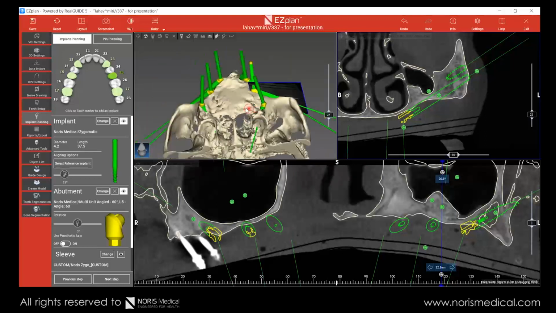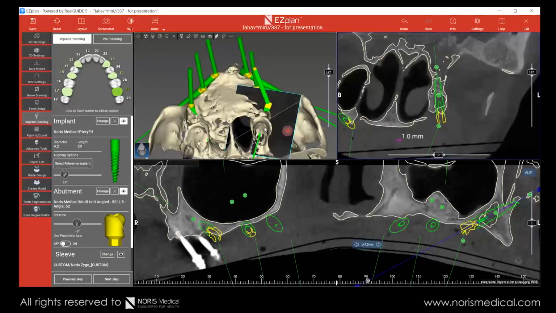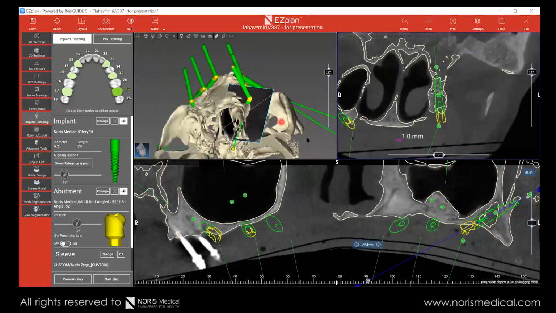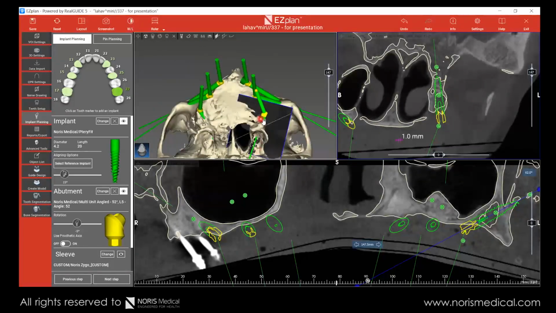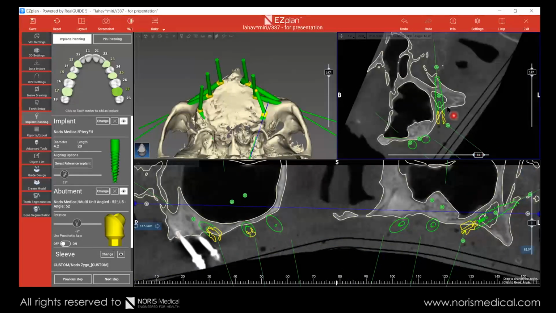Okay, let's look at the pterygoids. So we don't have any medial plate here, and we are aiming towards the pterygoid fossa, which is here, and we are actually going this way.